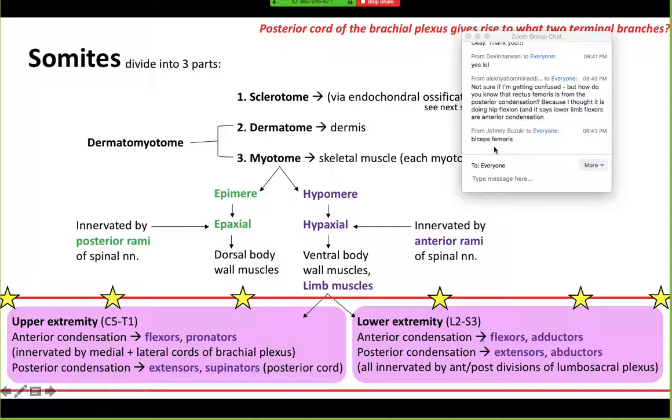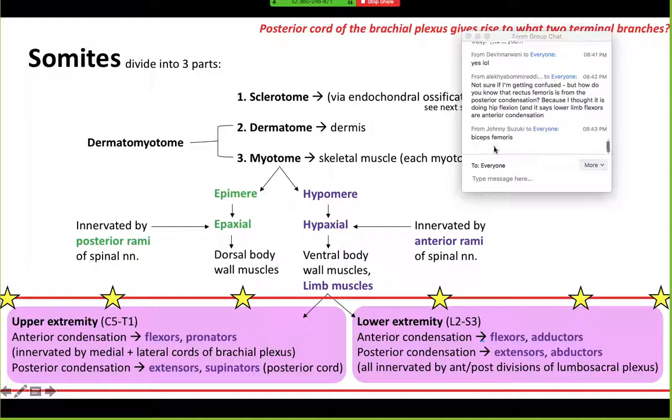Yeah, did the question say biceps femoris? Is that what you're saying, Johnny?